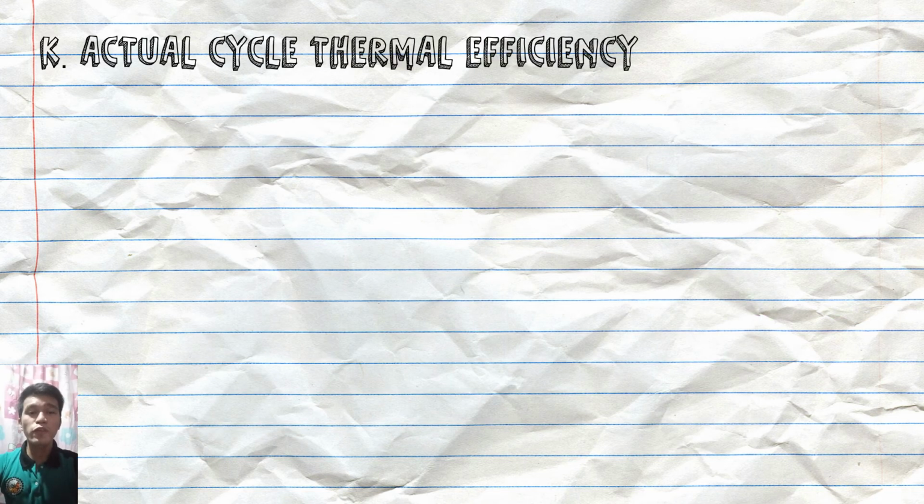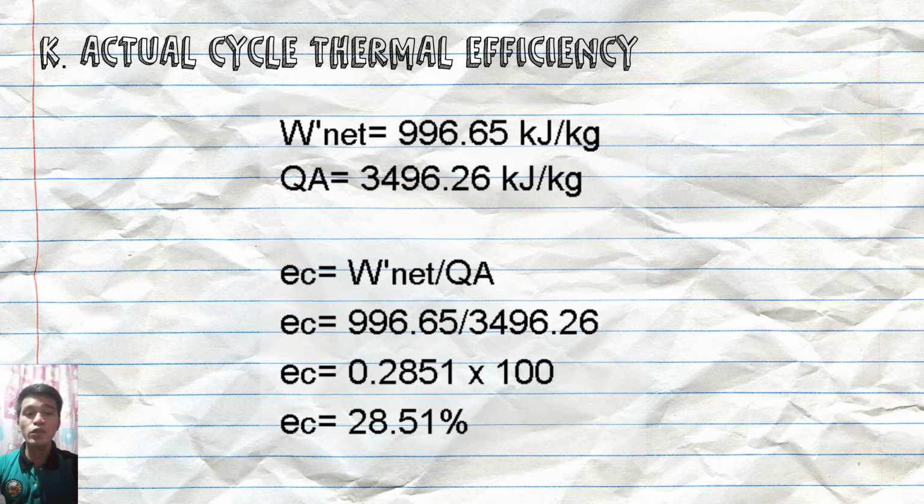To solve for the actual cycle thermal efficiency, we will be using the formula EC is equal to actual network WNet over heat added QA. The given actual network WNet is equal to 996.66 kilojoules per kilogram, and the given heat added QA is equal to 3496.26 kilojoules per kilogram.